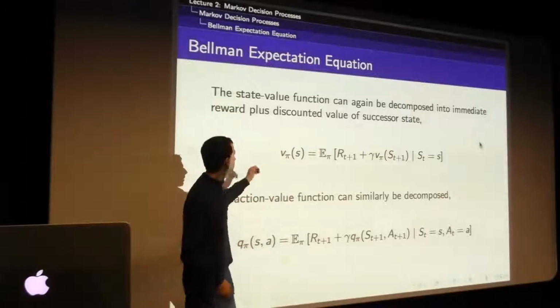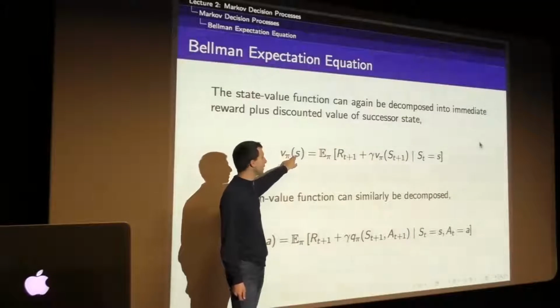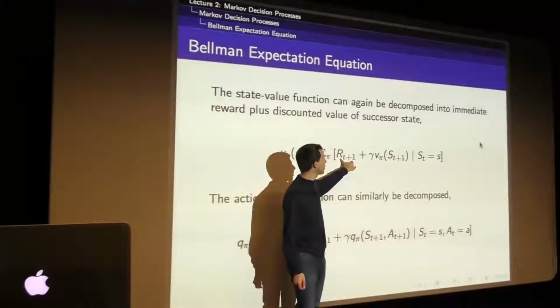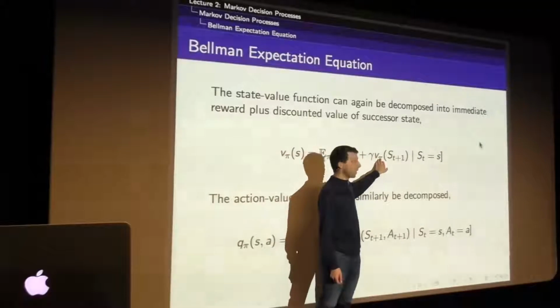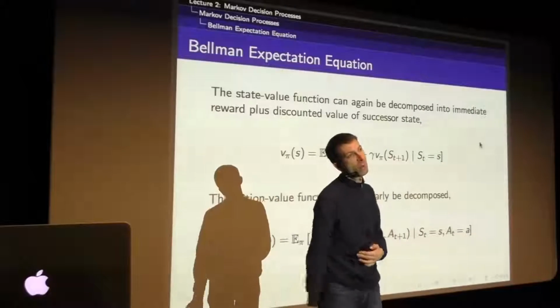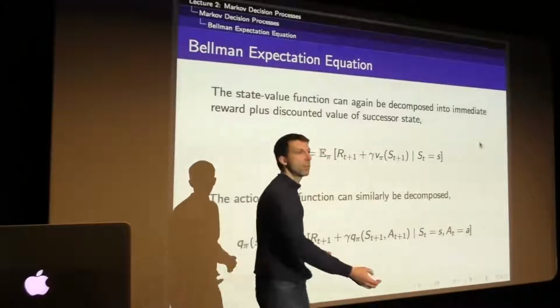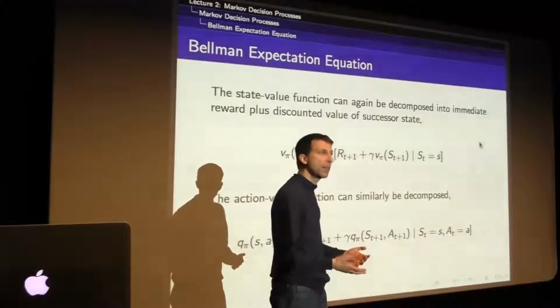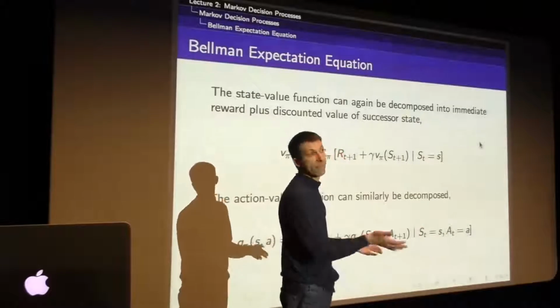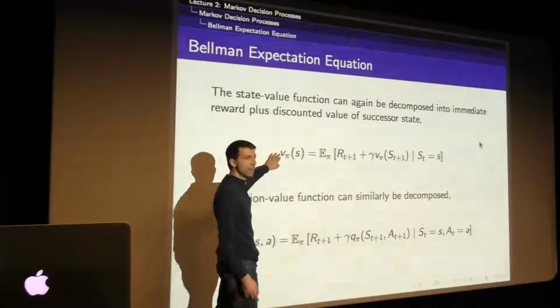Now what we're saying is that you start in this state, and we know that we're following policy pi, but the value of being in this state is still the immediate reward that you get, plus the value of your successor state if you know that you're going to follow policy pi from there onwards. So we just look at one step of following a policy, and then we ask how much more reward will I get following that policy. And we sum those things together, that gives us the Bellman equation.